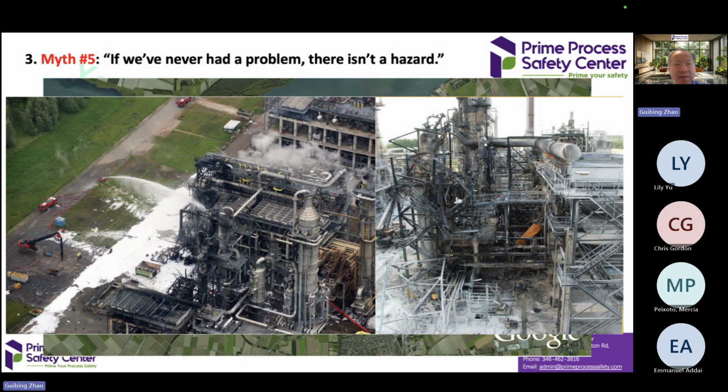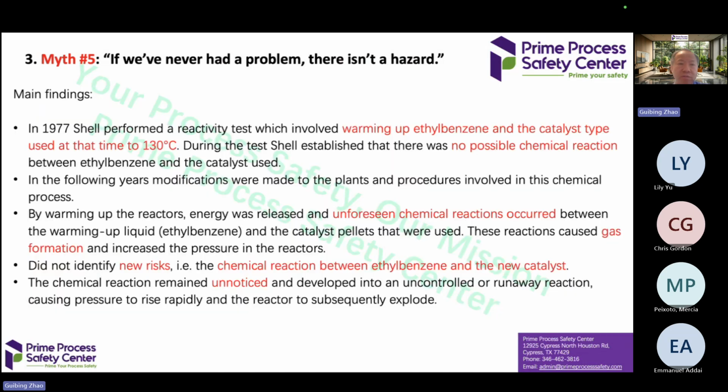But the main takeaway is, for this plant in 1977, at that time probably the technology for chemical reaction hazard identification was not that advanced. So you can see when they did it, they warmed up ethylbenzene with catalyst, at that time about 130 degrees C. But after that, they didn't do much.